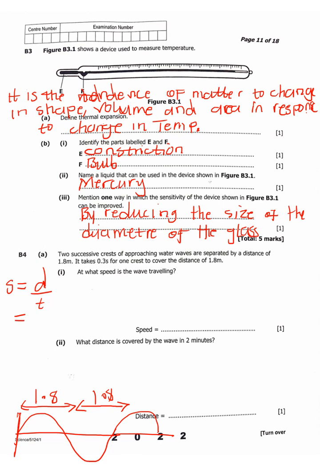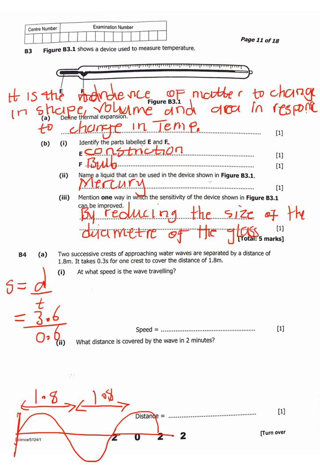So now the distance for one complete wave is 1.8 plus 1.8, which is 3.6. So the distance is 3.6 for one wave, divided by, since each crest is taking 0.3 seconds, 0.3 seconds plus 0.3 seconds, we divide by 0.6.